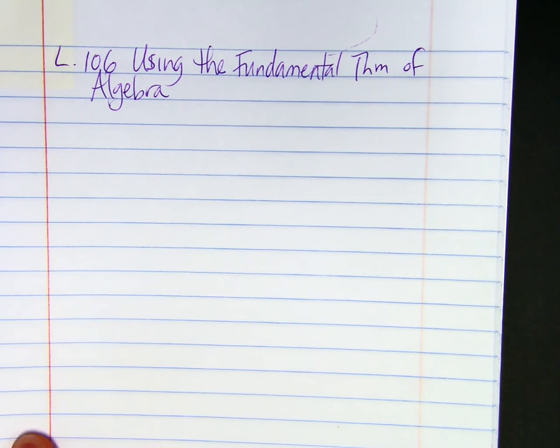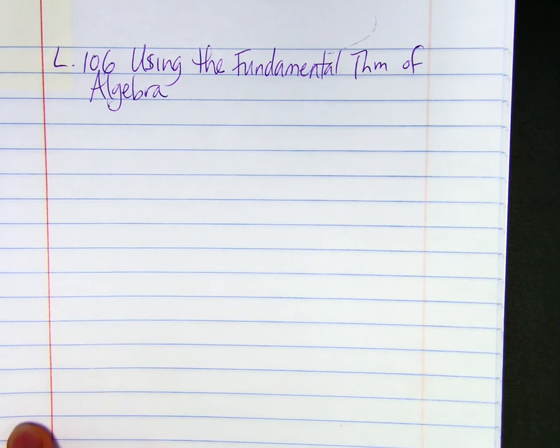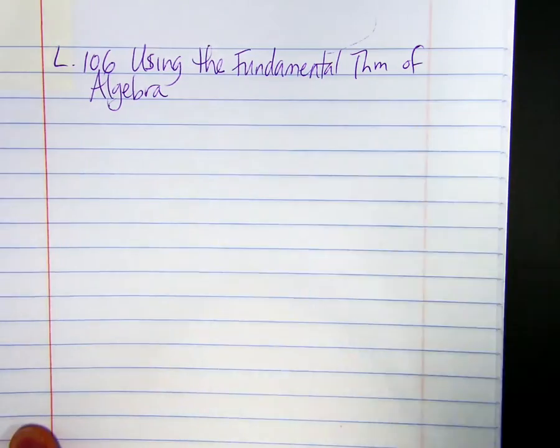And this includes multiplicities. A polynomial function of degree n greater than or equal to 1 has exactly n zeros. So we're going to write all of that out.